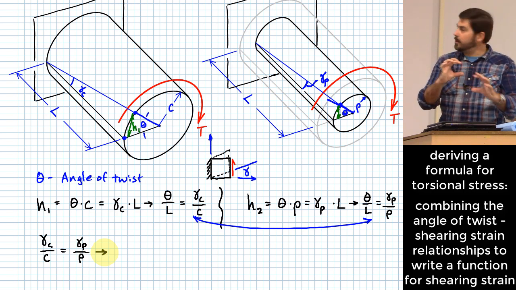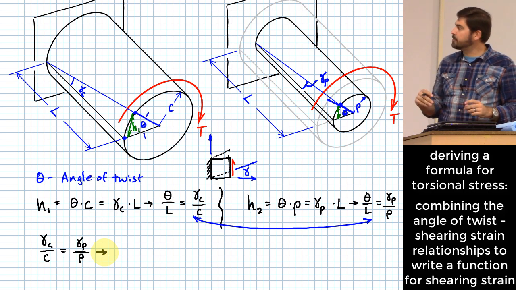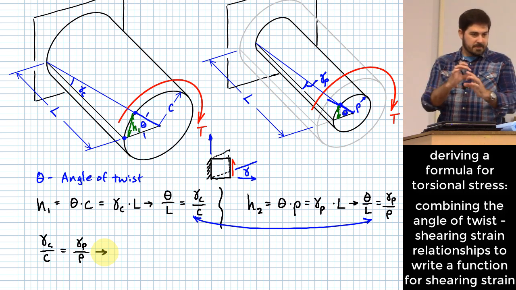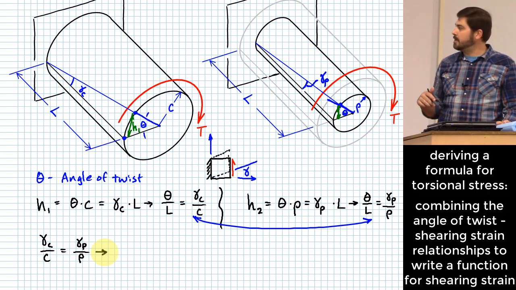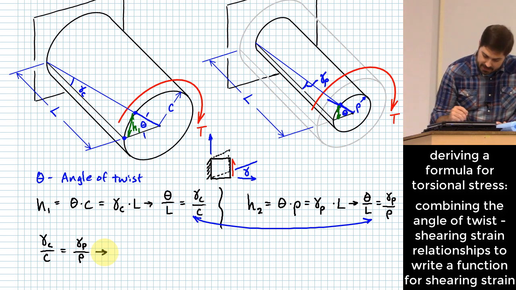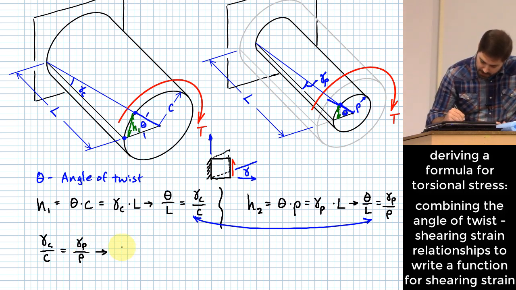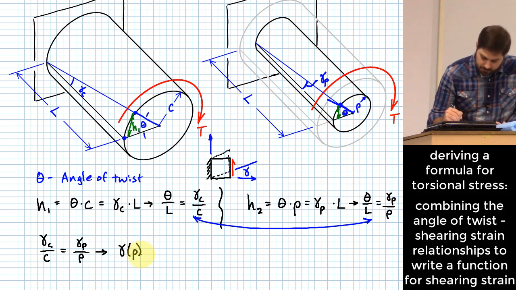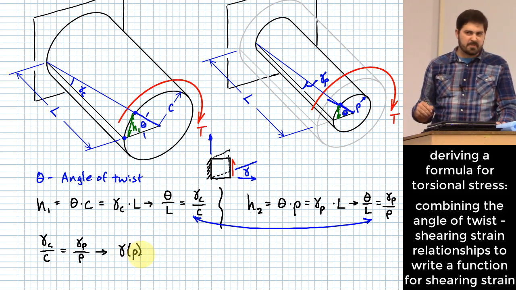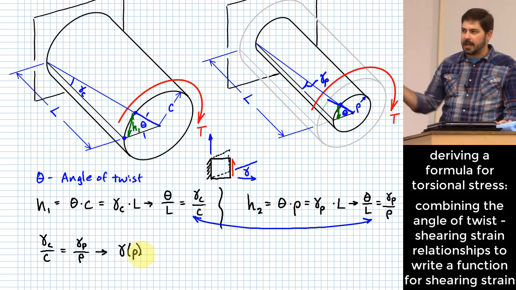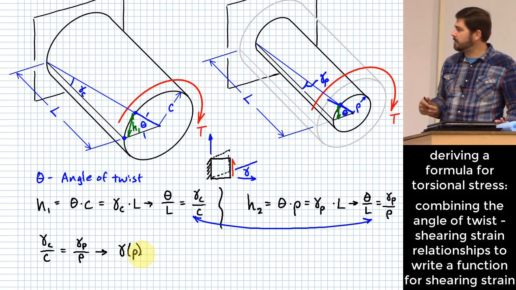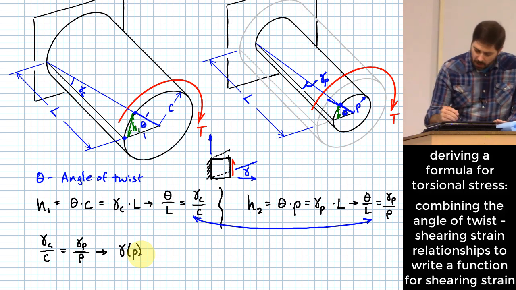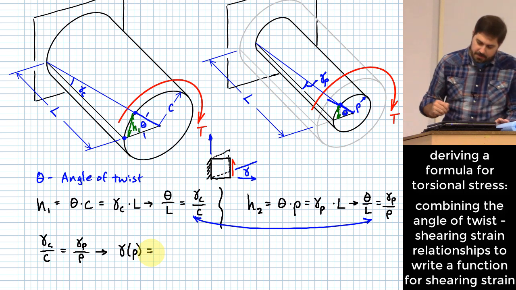In other words, rho can vary from 0 to C, and by changing rho, it picks a different cylinder inside of my main cylinder. Because of that, instead of calling it gamma sub rho, let me call it gamma as a function of rho. It's valid because it can be true for any radius that I'm talking about. And let me solve it for that and put everything else on the other side of the expression.